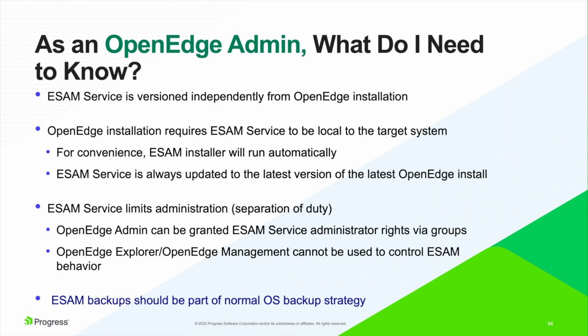If the ESAM service is at the same level as the OpenEdge release that you're installing, it will not touch anything. But if you're installing a later OpenEdge release, like Shelley's example for 13.0, then the embedded ESAM service will update it to the latest level, which would be the 13.0 level.